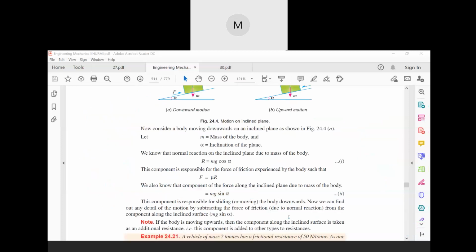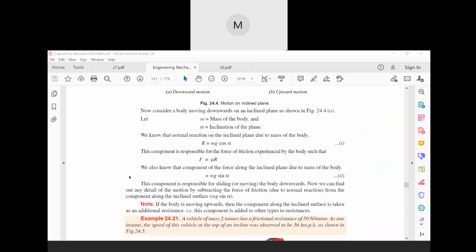Now this sine component is the sliding or moving component.